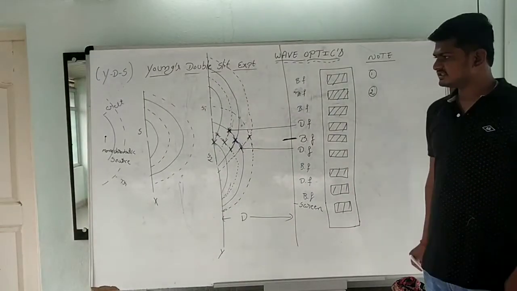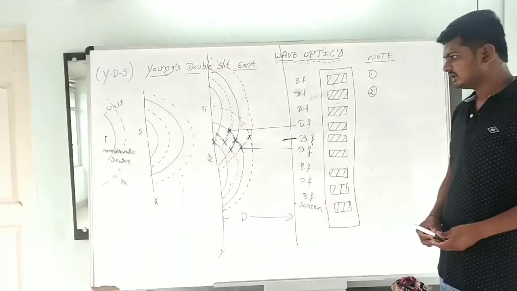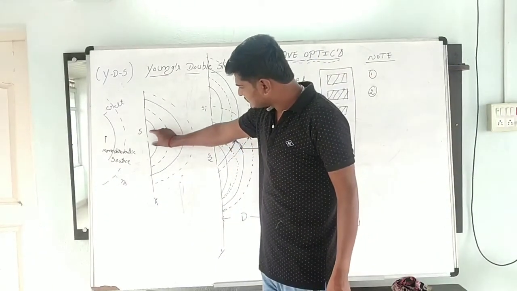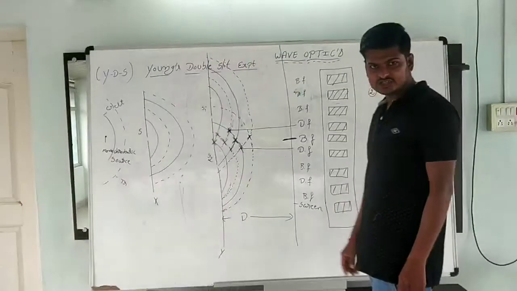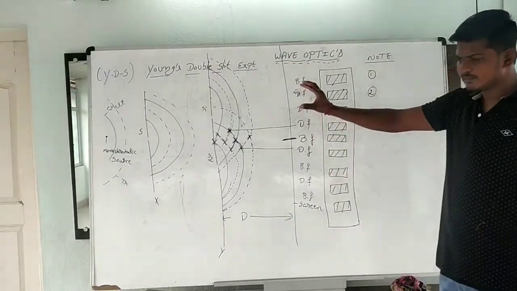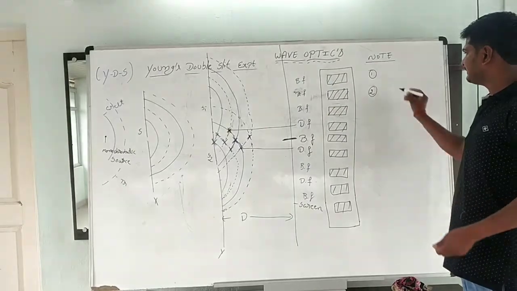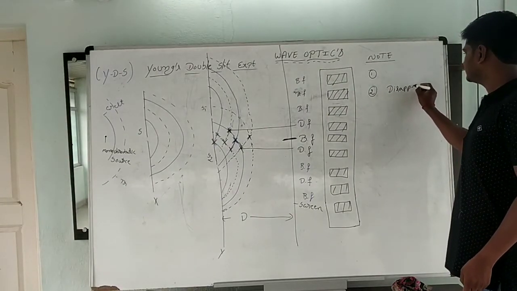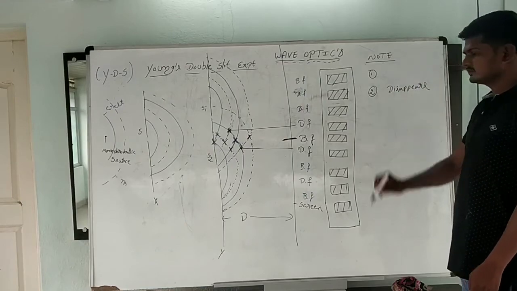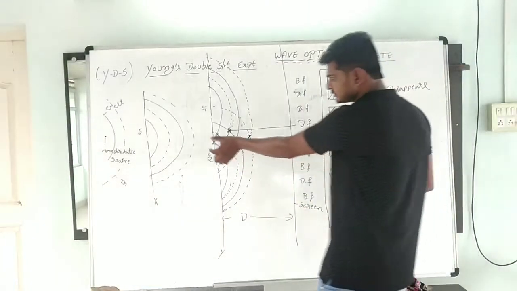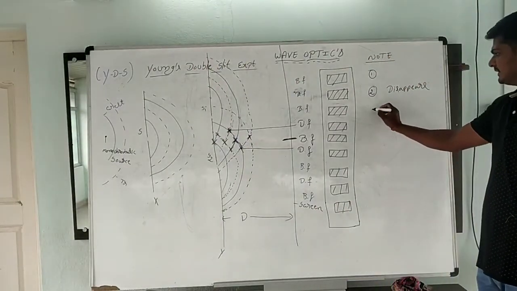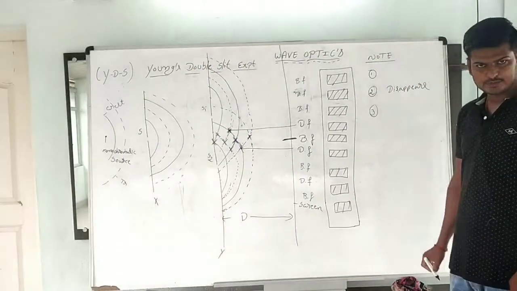Second point: when the slit S is widened, meaning I make the slit S bigger, the fringe pattern disappears. That is the second point.